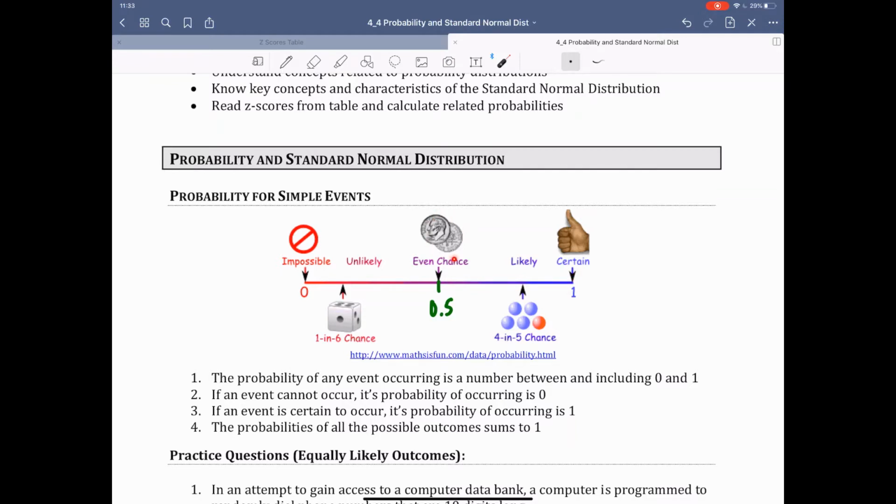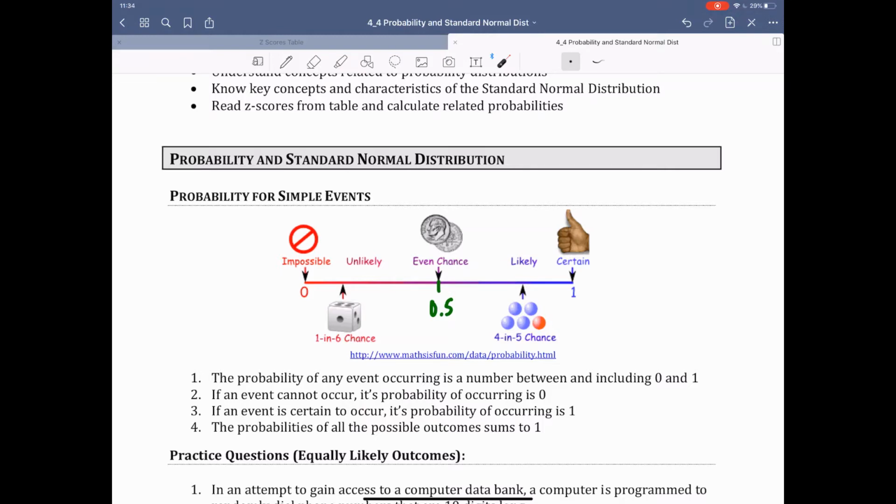An example of even chances of occurring is when you flip a coin and you call heads or tails, and if it's a fair coin, so it's not weighted in any particular way, it means that the chance of getting a head is the same as getting tails, and they have 50% chance each.